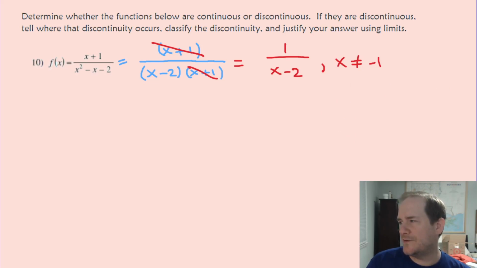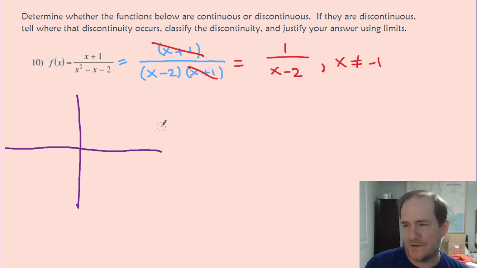So I could graph this for you again if you wanted me to. Essentially what you do is you just graph the graph of 1 over x minus 2, which hopefully you guys all know, would just shift to the right by 2. So your vertical asymptote is there now. And your horizontal asymptote is 0. That's here.